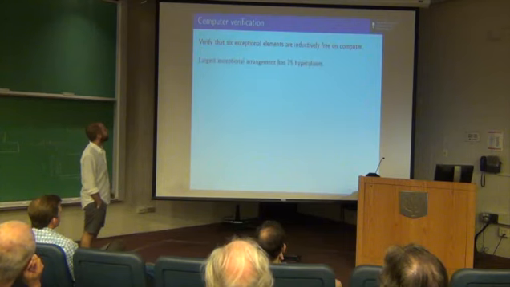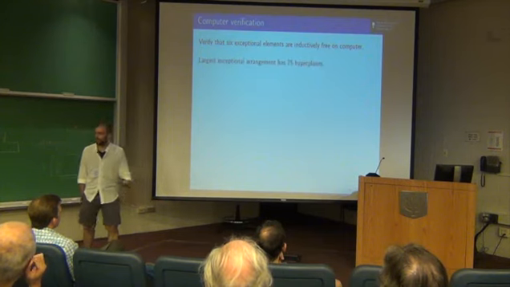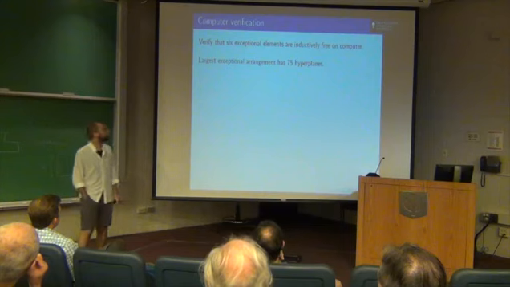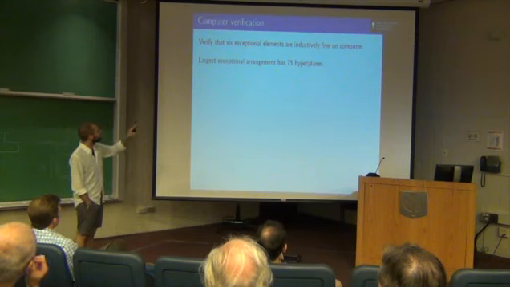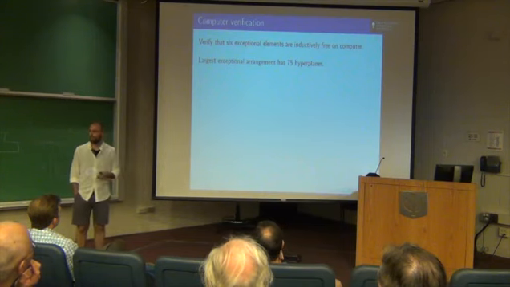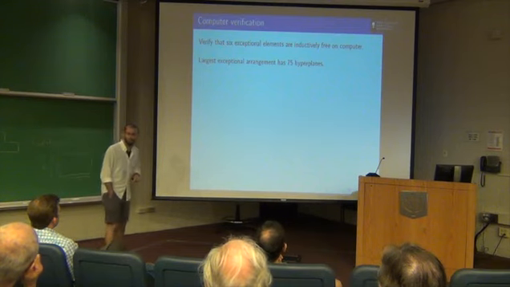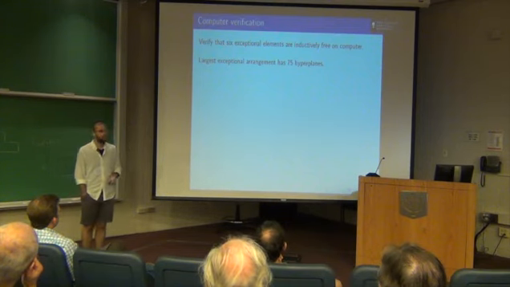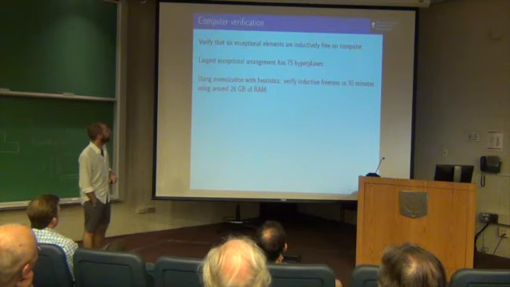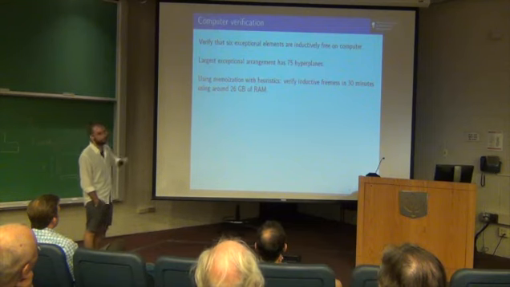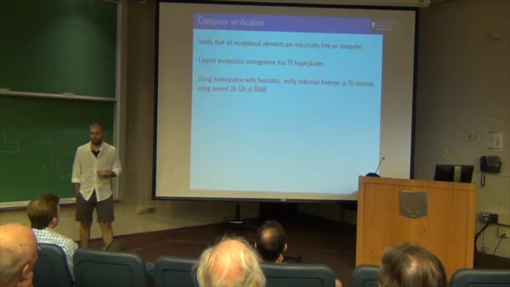There's only one problem with that. The largest arrangement has 75 hyperplanes. So the naive algorithm for calculating whether something's inductively free with an arrangement of 75 hyperplanes takes a very, very long time. What we can do is use a standard trick of trading CPU time for memory.